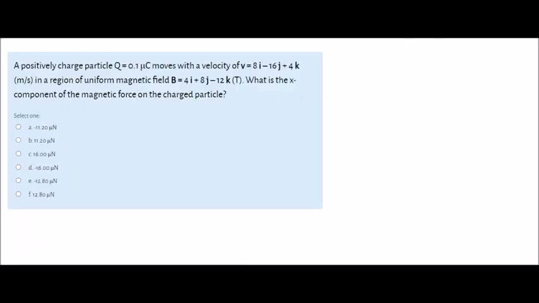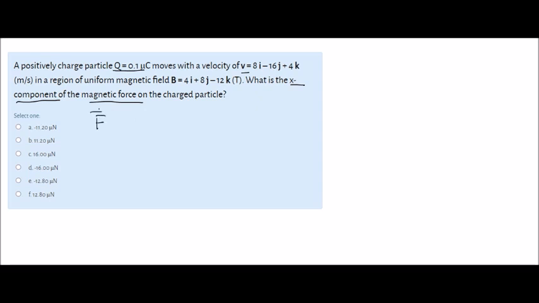Now, next question. Magnetic field, so this is magnetic force. A positive charge Q equal to 0.1 microcoulomb moves with velocity v, given along the i, j, k directions in meters per second, in a region of uniform magnetic field B equal to 4i plus 8j minus 12k Tesla. What is the X component of the force? I don't need to calculate the whole force, just the X component of the magnetic force.